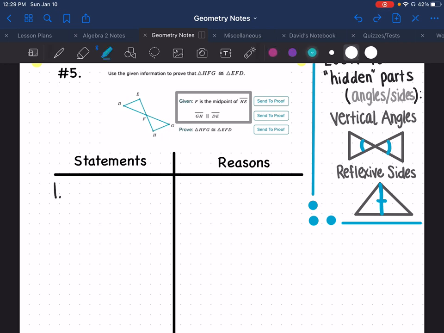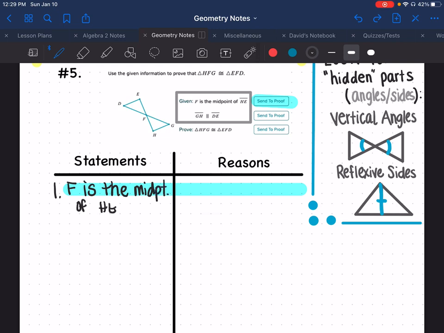Remember, we always start by sending to the proof, and it's going to send the whole thing to the proof for me. So let me get that sent to the proof. F is the midpoint of HE. And of course, it's going to put in there given for me.